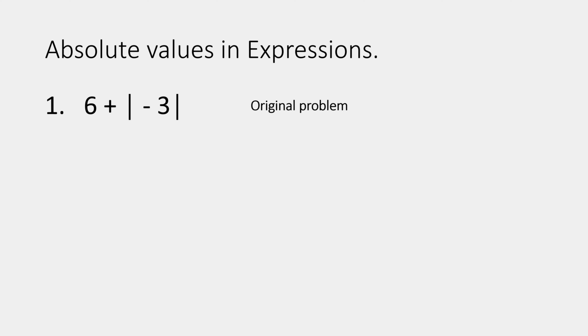The absolute value of 6 is 6, and the absolute value of -3 will be 3. Keep in mind, absolute values are always written with positive numbers. Since we found the absolute values, let's simplify. 6 plus 3 is 9. Very simple.